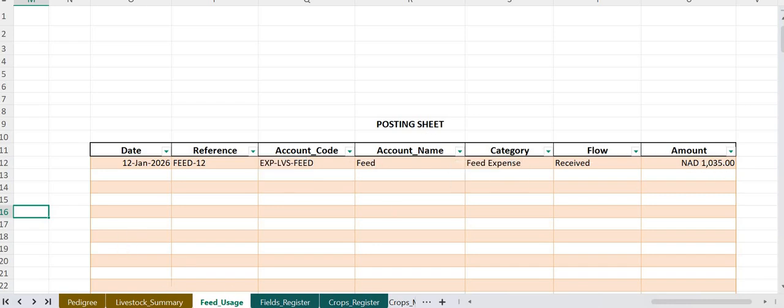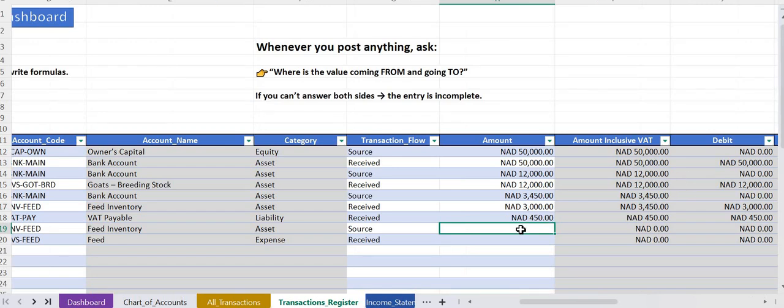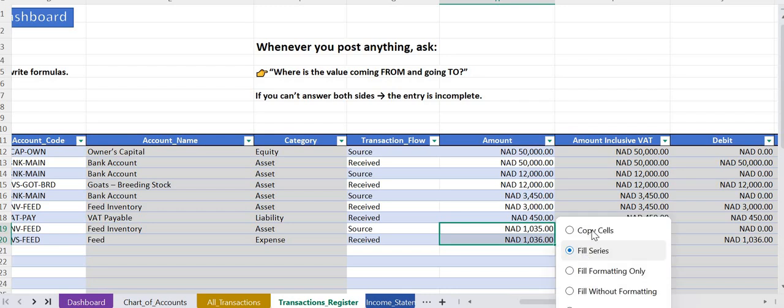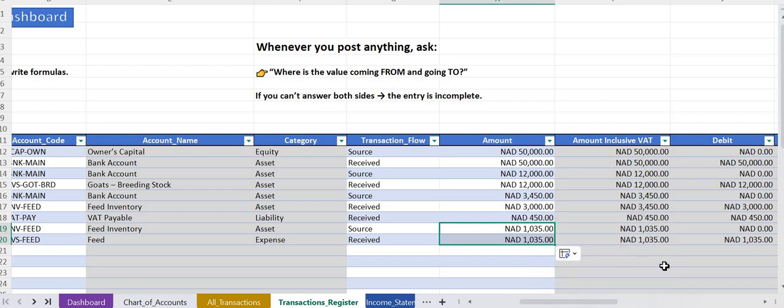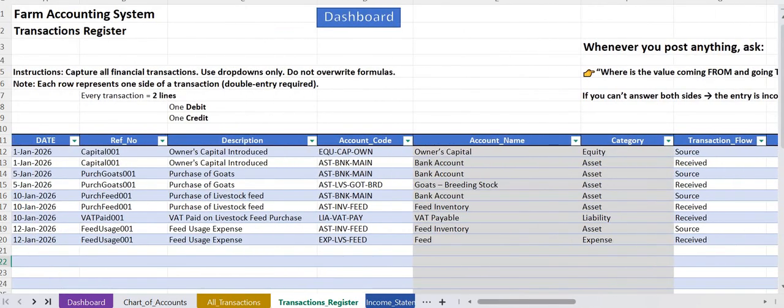So 1035, and that's also the same, 1035. And we are done. We have recorded our expense. We went all the way there just to get to an expense, because we did not have inventory. That's why this took so long, but it was a necessary step.